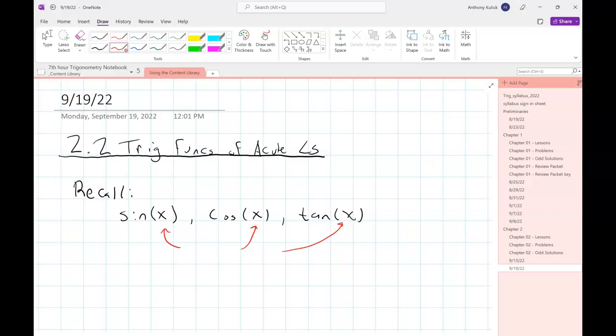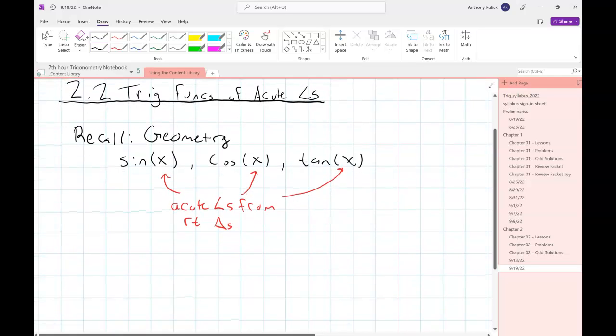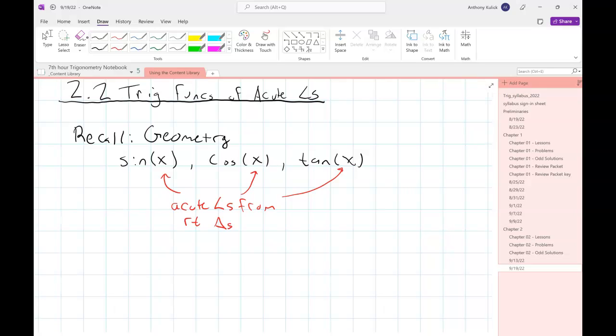Okay, what kind of triangle? And what kind of angle measure from that right triangle? Acute, right? You couldn't use the 90-degree angle. Right? So back in geometry, when we did sine, cosine, and tangent of something, that something had to be an acute angle from a right triangle.